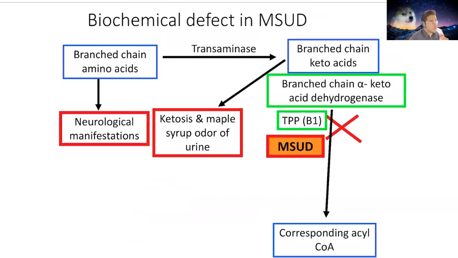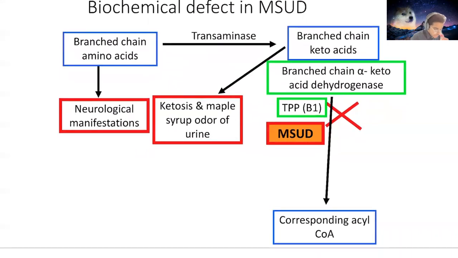Okay, MSUD, this is the branched chain issue. What you need to know is that any sort of branched chain alpha keto acid is basically implicated here. You guys know your branched chains by now, like leucine, isoleucine, valine. But what you need to know is that MSUD is a deficiency of the branched chain alpha keto acid dehydrogenase, okay?